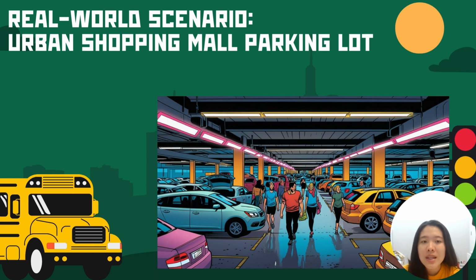If a system simply assigns the first space that fits or the largest one, it might end up wasting valuable large space on a small vehicle like a motorcycle or bicycle, which can lead to fragmentation and inefficient space usage. This is exactly like how an operating system manages memory.